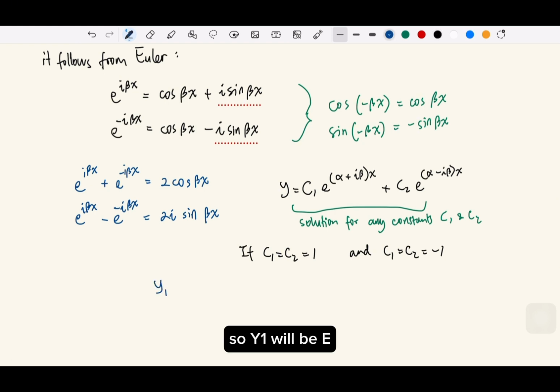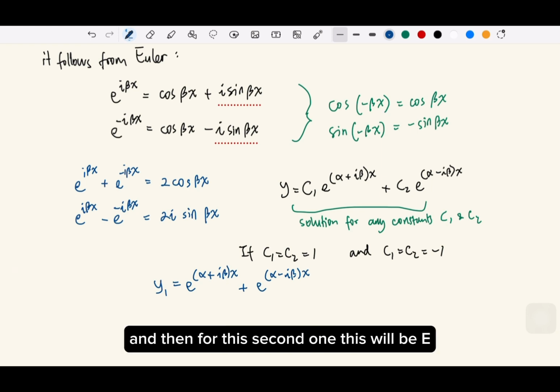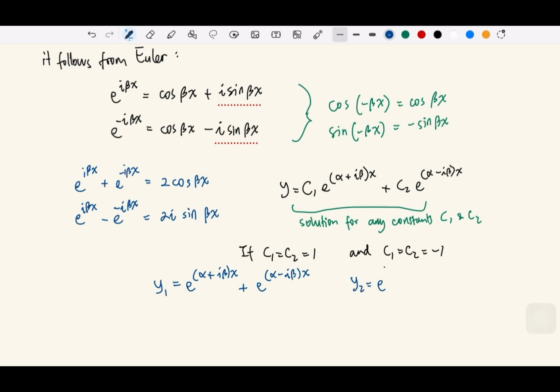So y1 will be e to the alpha plus i beta x plus e to the alpha minus i beta x.